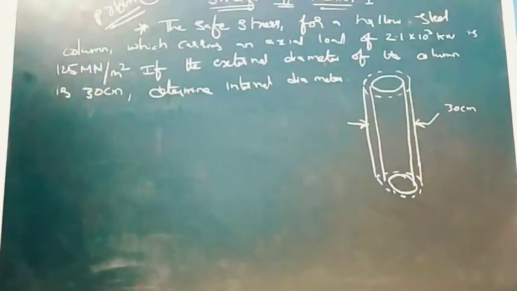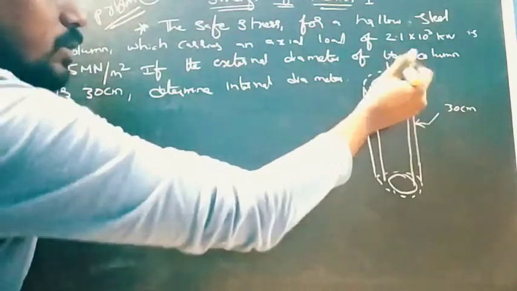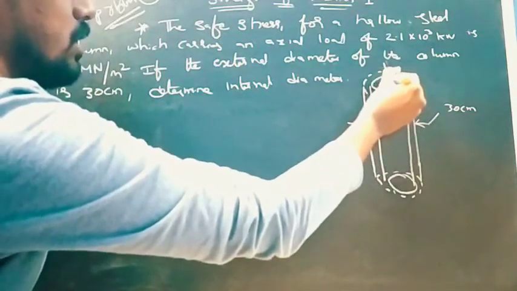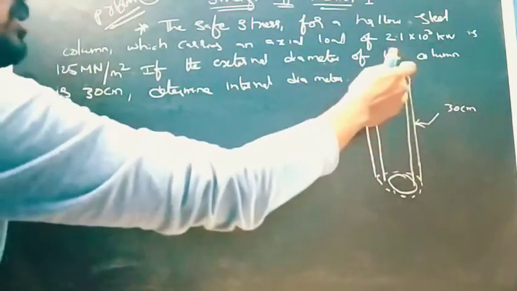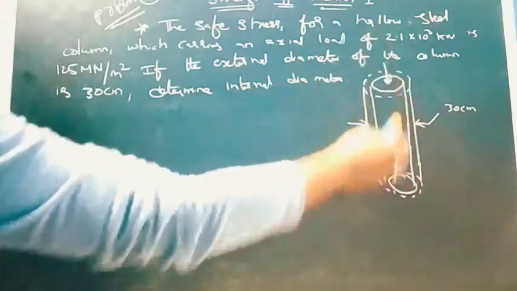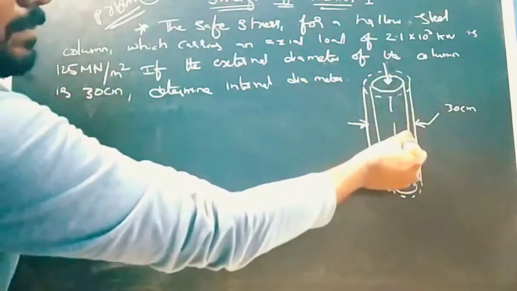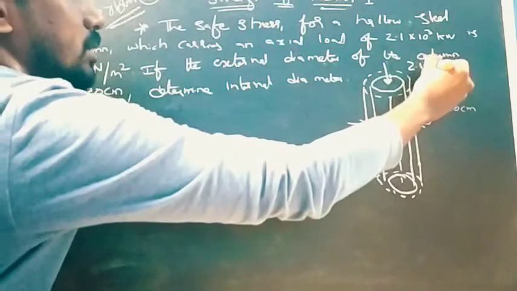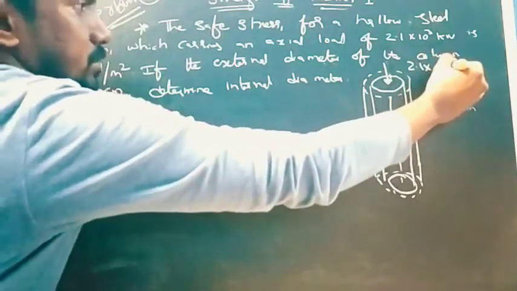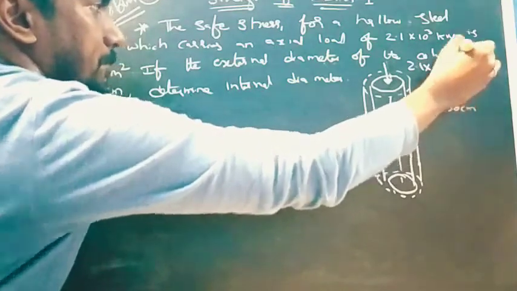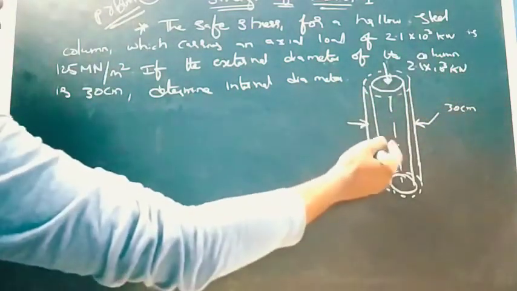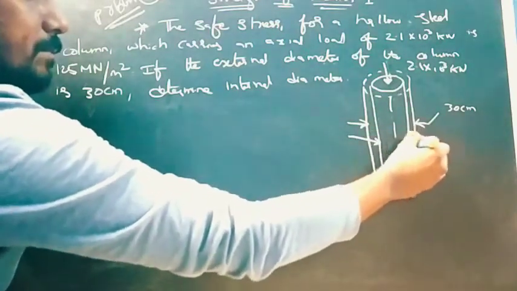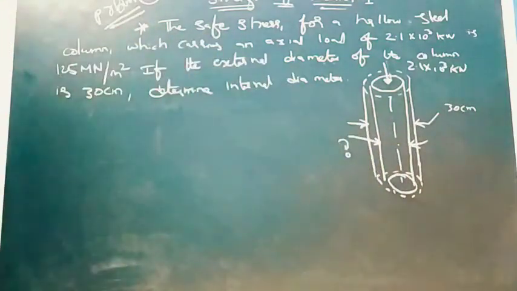And the axial load is nothing but the load which will act on the axis of this column, that is 2.1 into 10 to the power of 3 kilonewton. So this internal diameter we need to find.